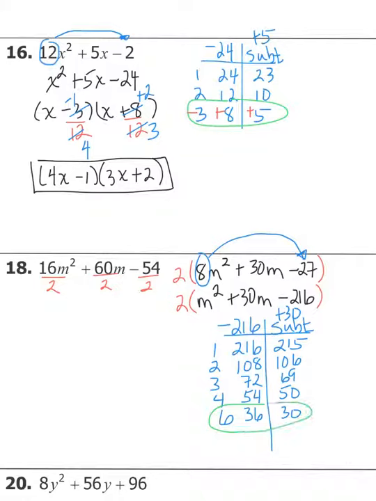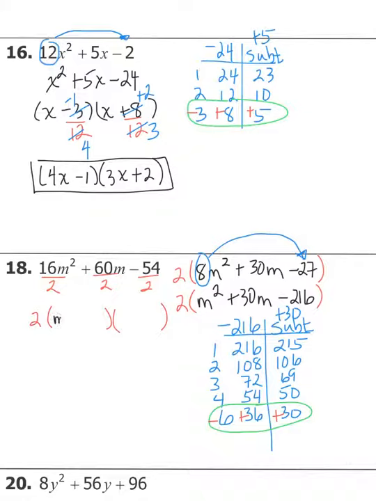So I want these factors. My 30 is supposed to have a sign of plus, so the bigger of the two carries that sign. The 6 is going to have to be negative in order for the 6 and the 36 to combine and make 30. So now the 2 is going to stay out in front, but then I have 2 sets of parentheses.